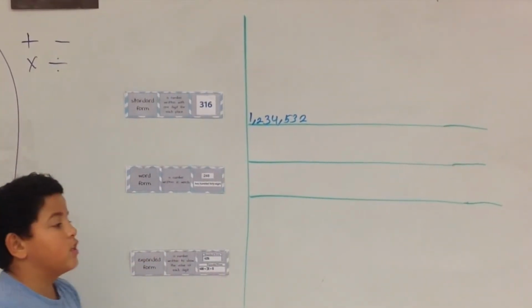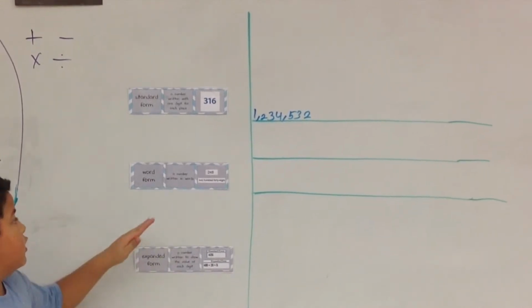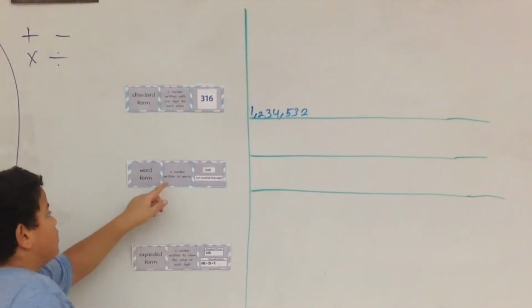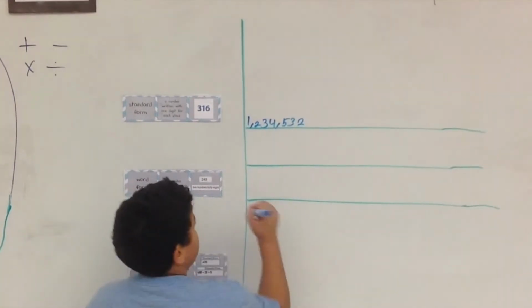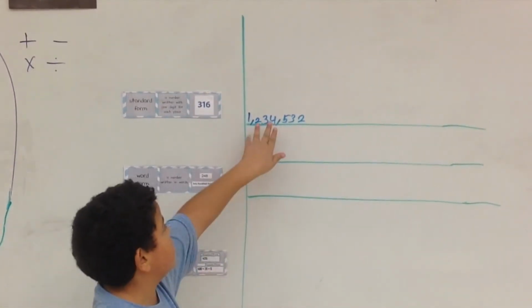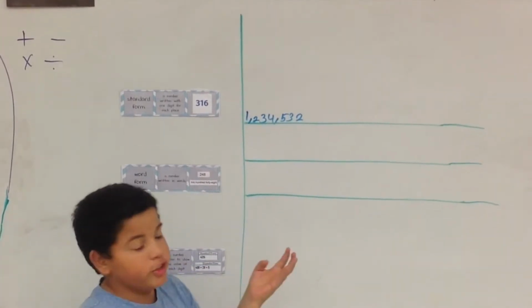Now I'm going to write the numbers in word form: a number written with words. So I'm going to copy this but write them in words.